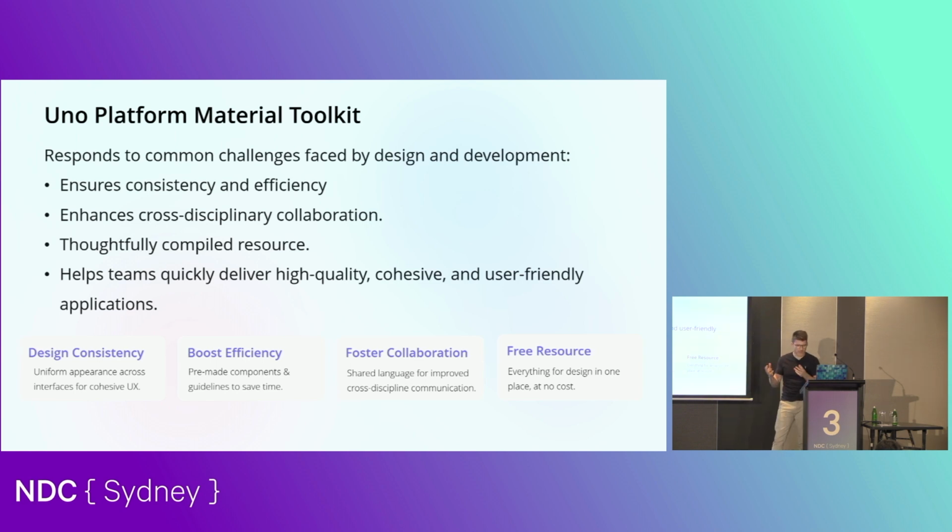So the idea there is that it's the coming together of these two things, and this brings us to the first point, which is about consistency and efficiency. The designers are talking about the same components because we have a standard toolkit. They're pulling in a text box, and that text box translates exactly to what the developers are expecting at the other end. And there are a number of other components that translate like that.